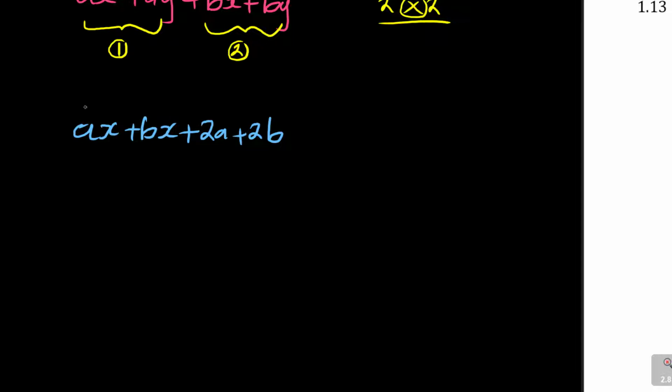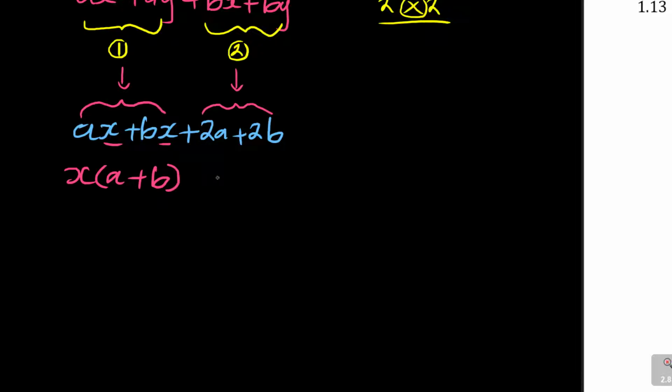And we talked about grouping. You take this as your group 1, and the other one as your group 2. What's common in the first? You can see x is common. When you take out x, what is remaining inside? Remember, when you are taking it out, you are cancelling it off like that. So a plus b will remain. So you have got a plus b.